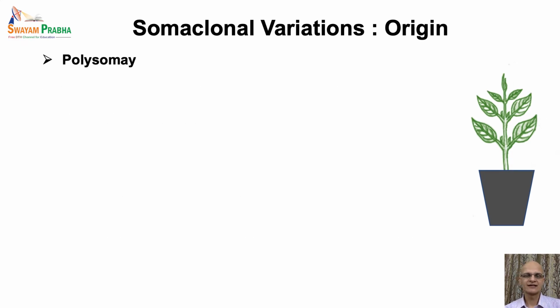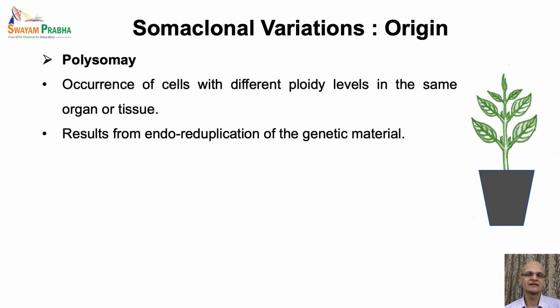So let's learn a little bit about polysomaty. Polysomaty is the condition where different cells of an organ or different tissues in the plant body may have different ploidy levels.